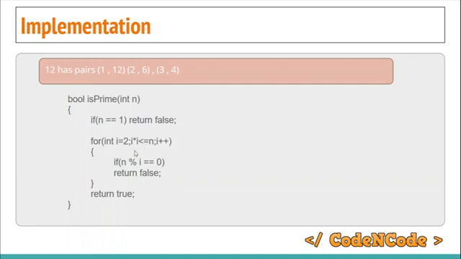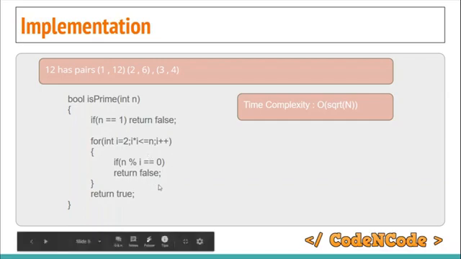So basically we are running a loop from 2 to square root of n, and if n is divisible by i, then we would return false because we have found a divisor. Otherwise, if after running through this whole loop we don't find any divisor, hence the number is actually a prime number.